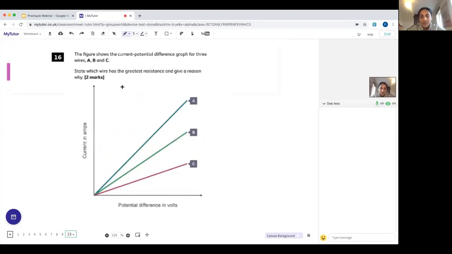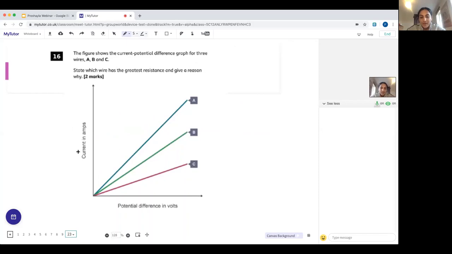Okay, so here we have a current potential difference graph. Which one out of A, B, and C, these are three different wires, has the greatest resistance? So this is all done using V equals IR. Which one would have the greatest resistance?